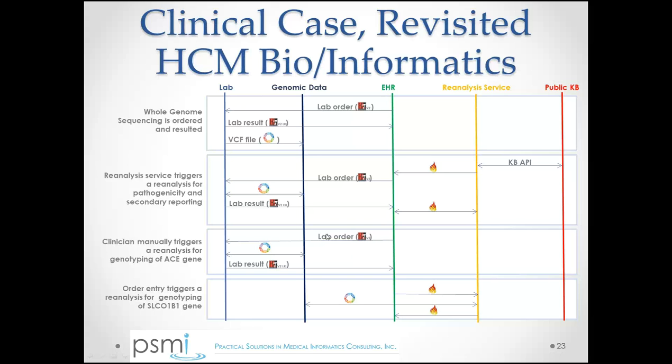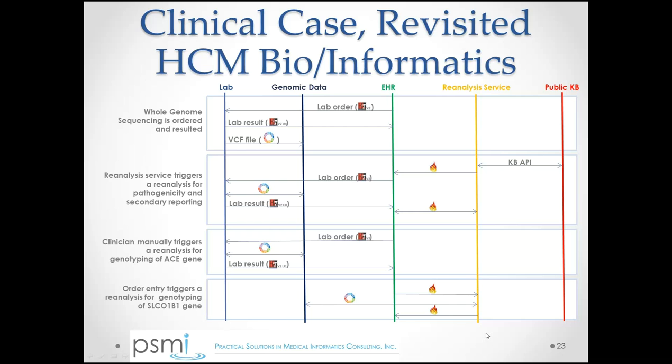So I'm going to order this. The lab then does a reanalysis of the next generation sequencing data and reports back the lab result. And there was no new specimen that had to be collected in this particular case because this was a reanalysis scenario. And then finally, I wanted to throw in a scenario where the lab isn't necessarily involved at all.